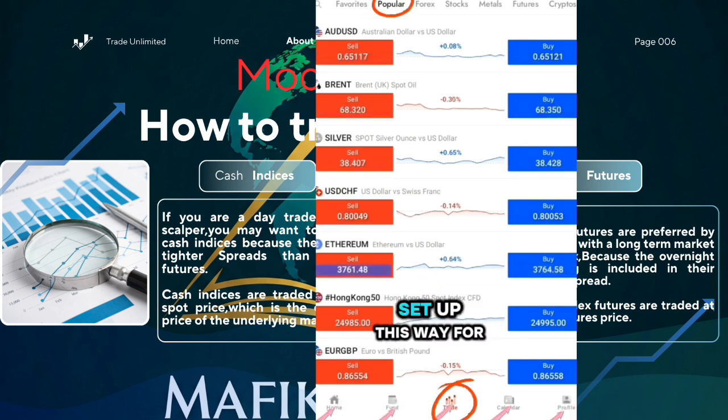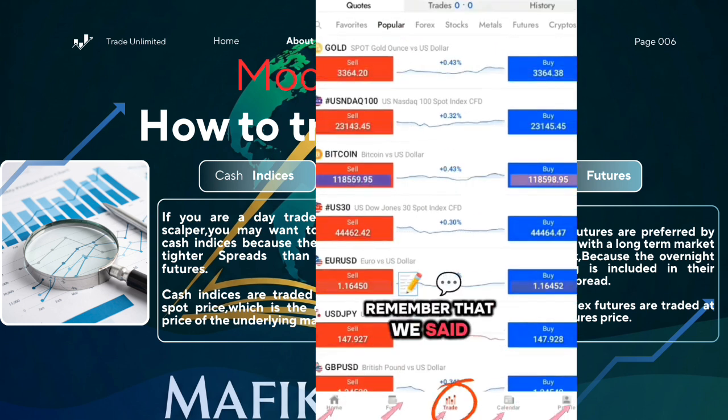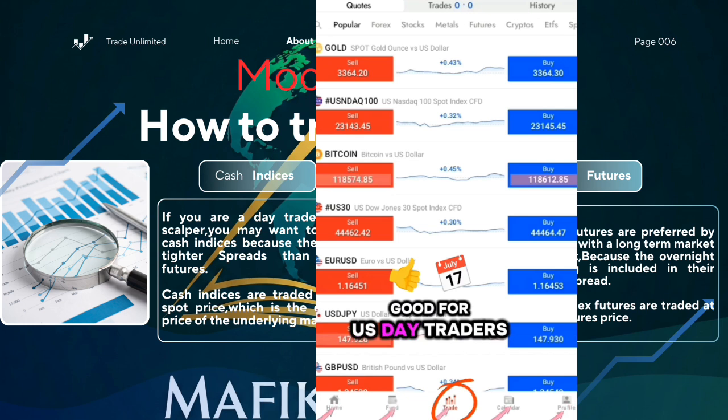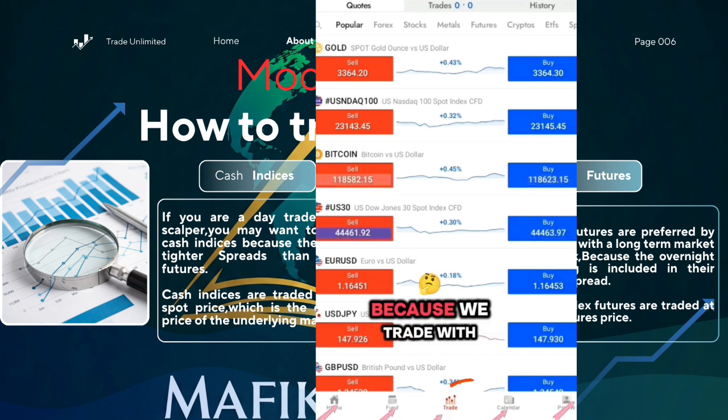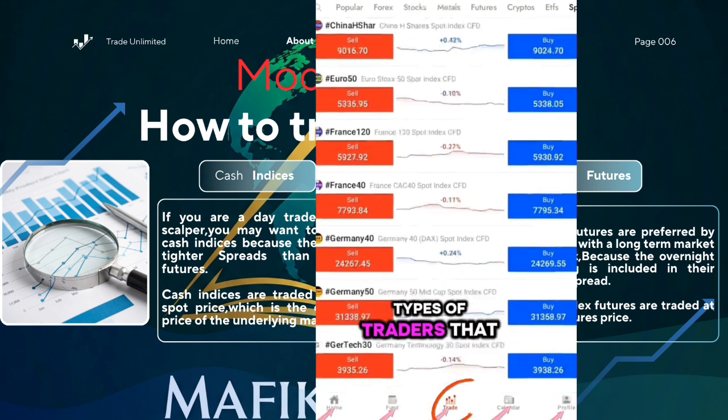It's already set up this way for your convenience. Remember that we said CFDs are good for us day traders and scalpers because we trade with the short-term market outlook in mind. And all these CFDs that you see here have tighter spreads, which is good for us because of the types of traders that we are.